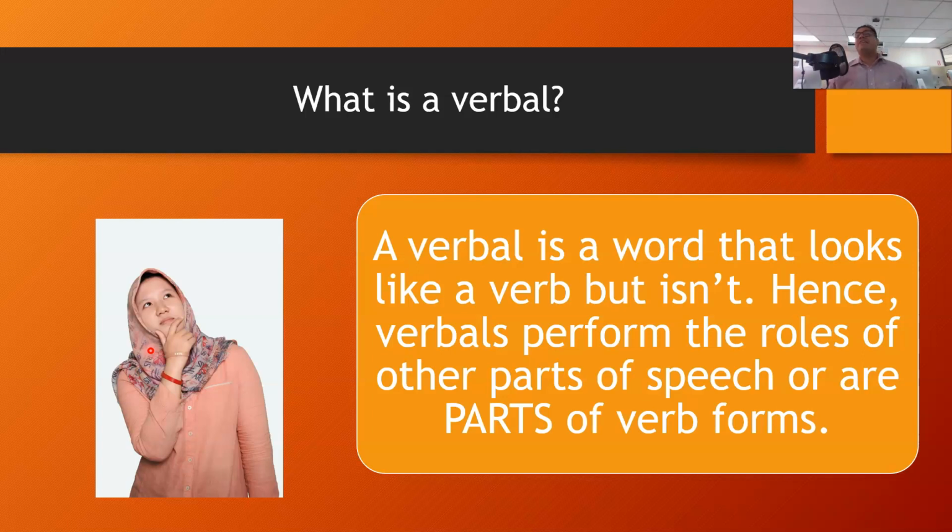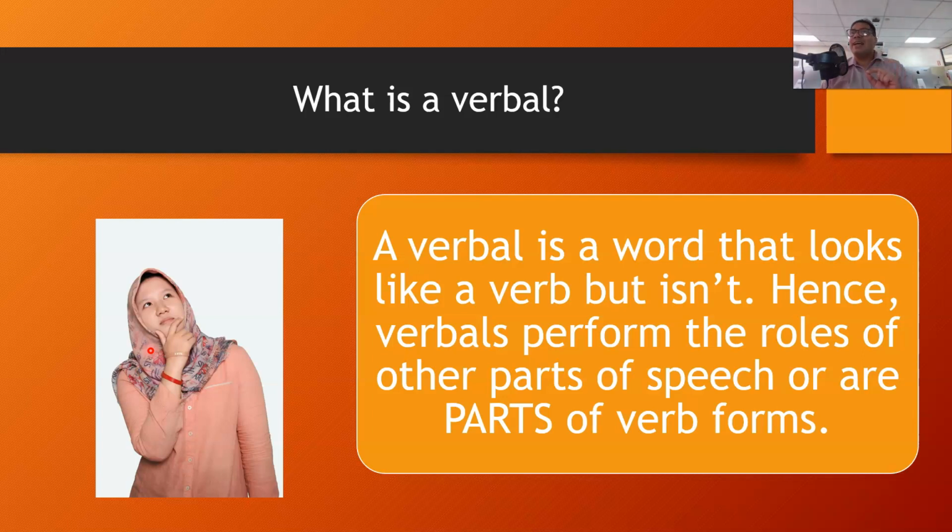So, if a verbal is not a verb, then what is it? Well, a verbal is a word that performs the roles of other parts of speech. In other words, a verbal is not going to be a verb. A verbal is going to be a noun, or an adjective or an adverb.